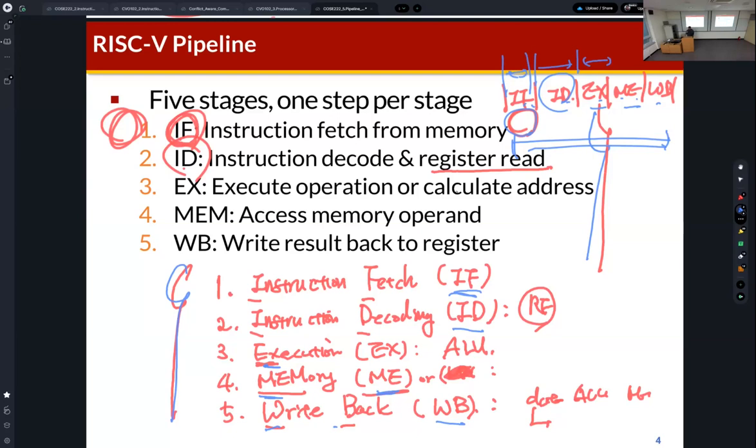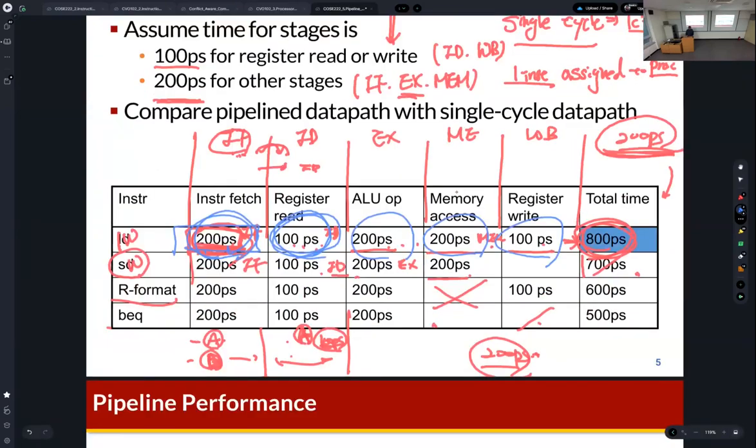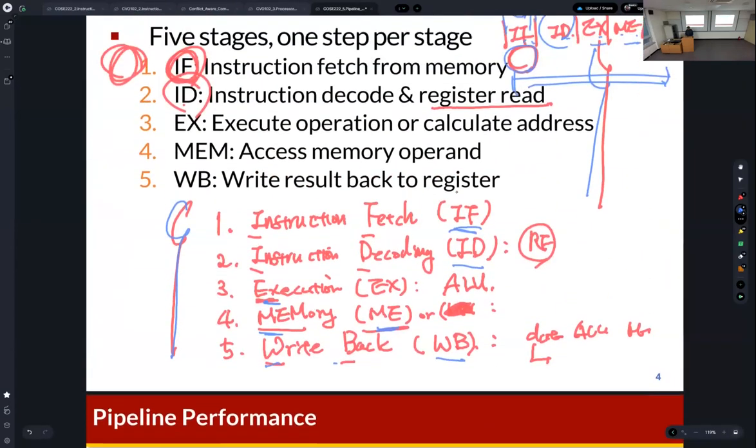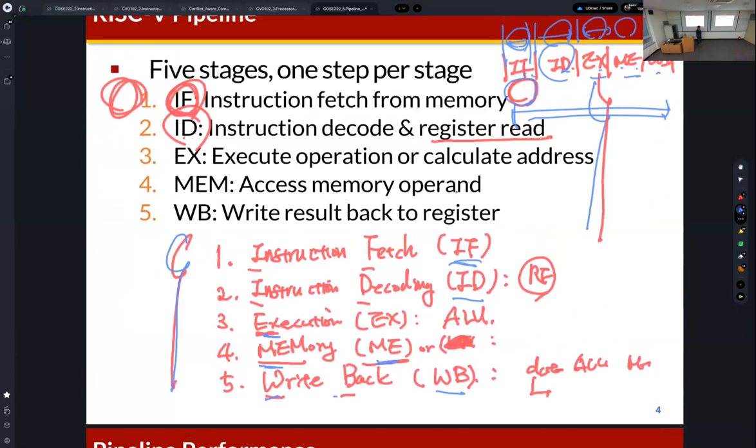But in the pipeline processor, the longest delay is the delay of each single step, right? That's why I explained in this table that we can reduce the clock period. And if we can reduce the clock period, we can reduce the execution time.